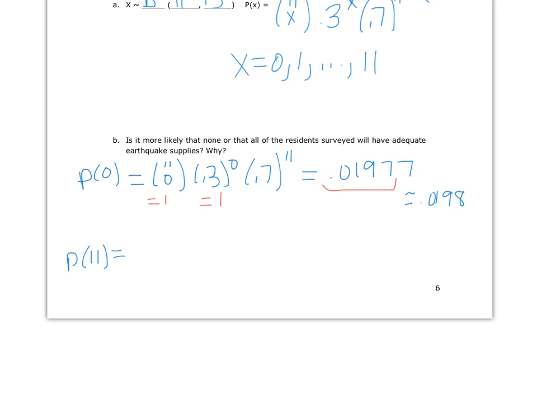All right, so now let's look at the probability of 11. So we get 11 choose 11, and then 0.3 to the 11. And then here's where the 0.7 has an exponent of 0, because we're doing 11 minus 11. Remember, when we choose the same number that we start off with, that's just a 1.